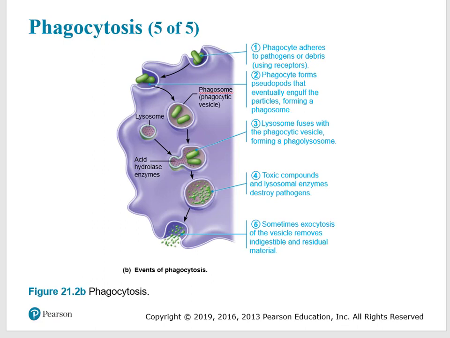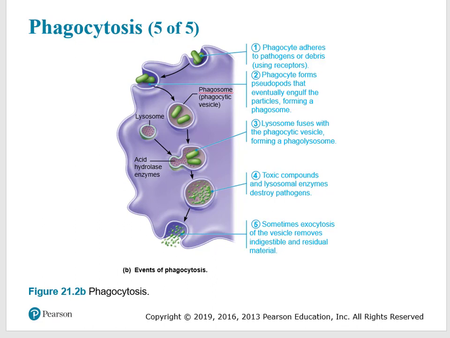Phago means eating. So the first step of phagocytosis is that it has to identify the antigen, that it does not belong to you. Once it identifies it, it puts forth pseudopodia around it and forms a vesicle, a phagosome or phagocytic vesicle, and takes it inside its cytoplasm.